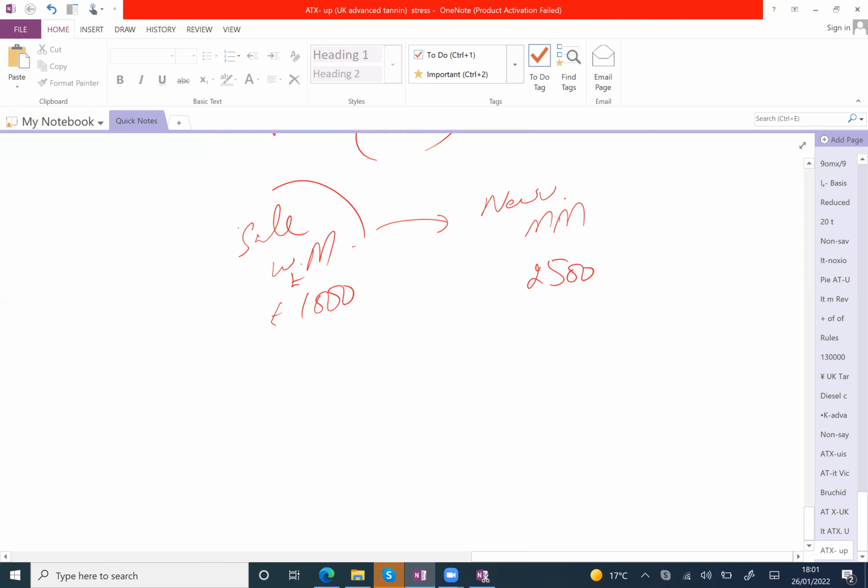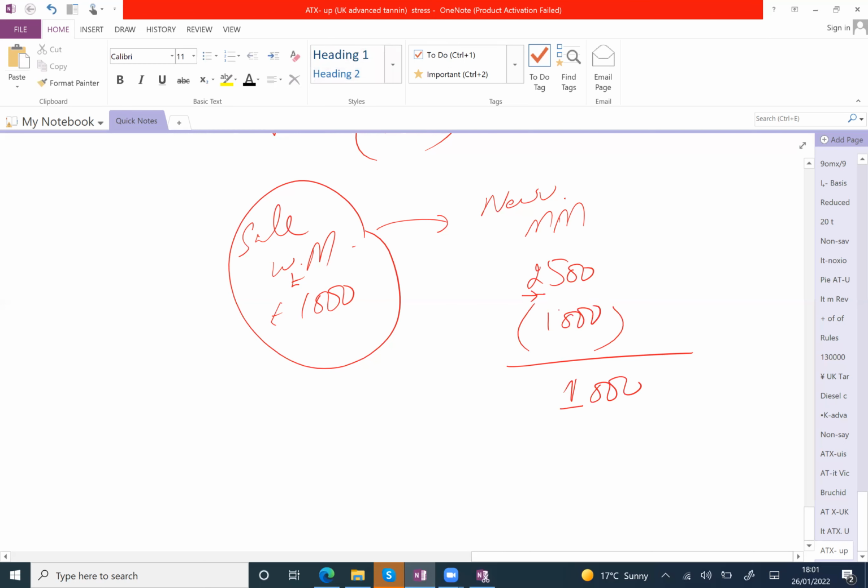So it means the sale proceeds of the old asset will reduce the relief. So 2,500 is the cost of the new asset minus sale proceeds of 1,000, and now you will get 1,500. So this 1,500 you can deduct from your property income, rental income. Clear? Yes, ma'am.